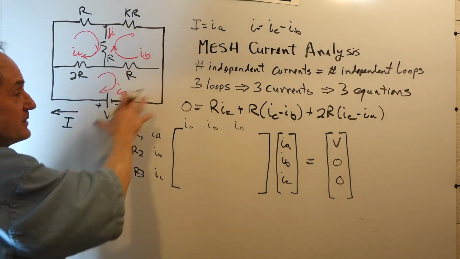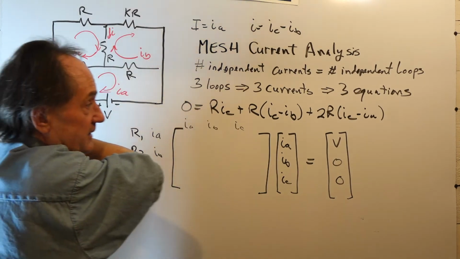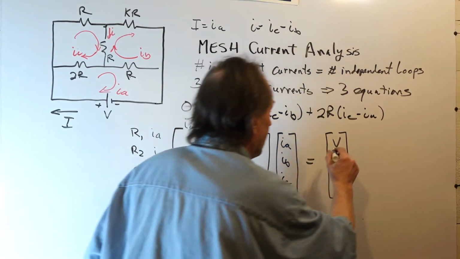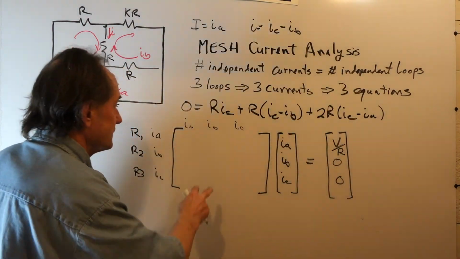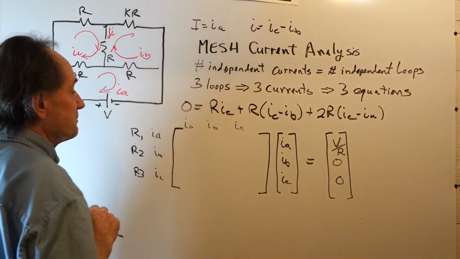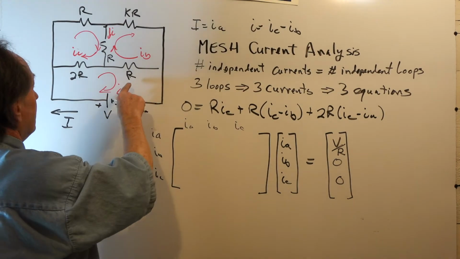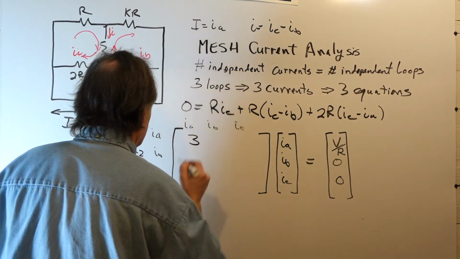Now, R's are always going to carry through, so I'm going to divide the equations first through by R. So I'm just going to put R over here. It's V over R, so I don't have to put R in every element. All I'll have to do is put a coefficient. In this case, we have 2R plus R, so it's 3.